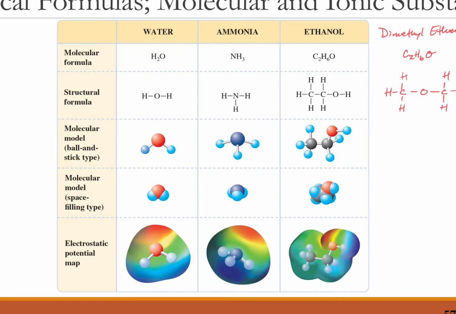You can see for at least water, ammonia, and ethanol, the molecular models, ball and stick types, and space filling types below. These are going to be the ones that are accurate to reality in a sense, like what the molecules that you could isolate would look like if we could see them, or at least what we think they would look like.